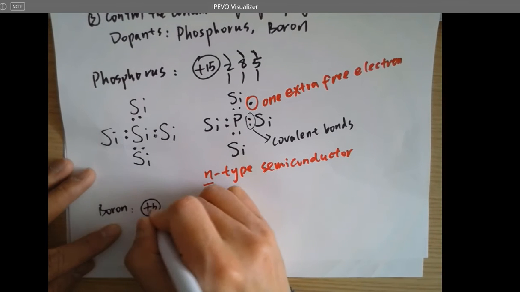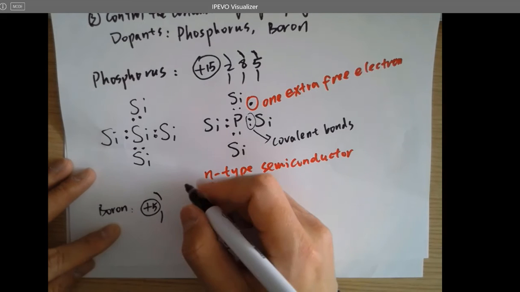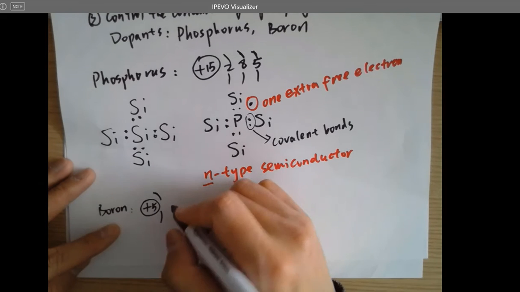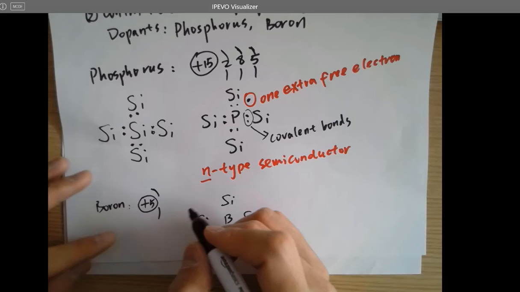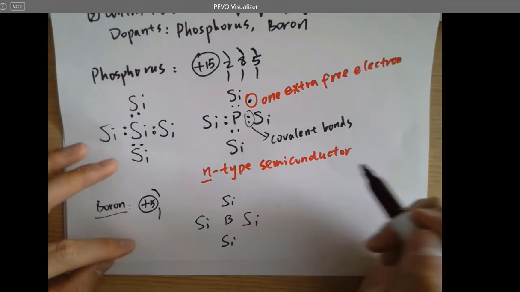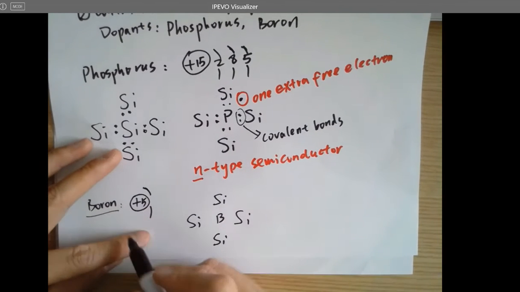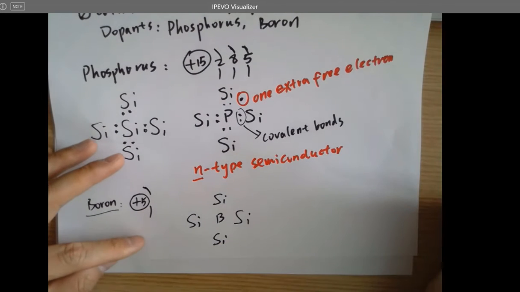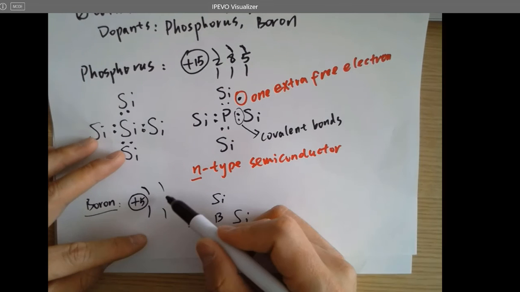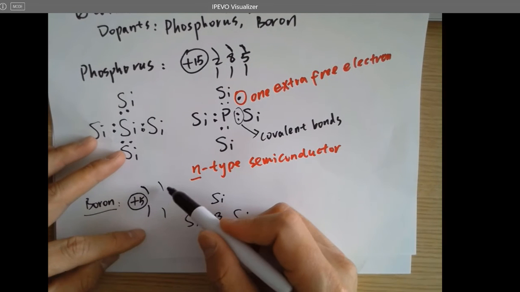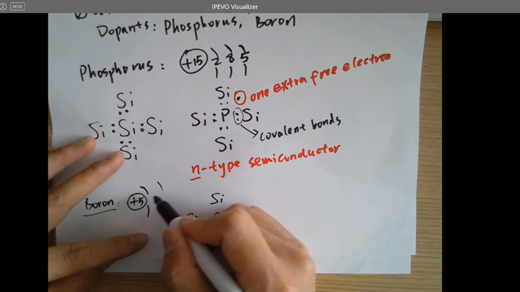So how many valence electrons does it have for every single boron atom? There are totally 5 protons, right? So how many valence electrons, which is the number of electrons here? 2, 3.